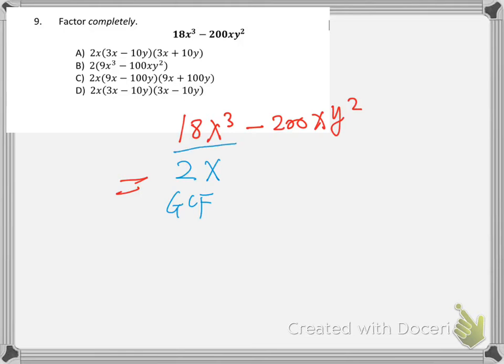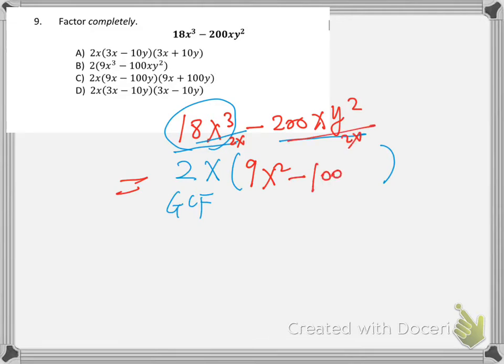So the first one has no y, so GCF has no y part, no letter y. Okay, so now this divided by 2x, what do you got? 9x squared minus, and that divided by 2x, you got 100, x cancelled, y squared. That is our step 1. We use GCF, we find GCF.